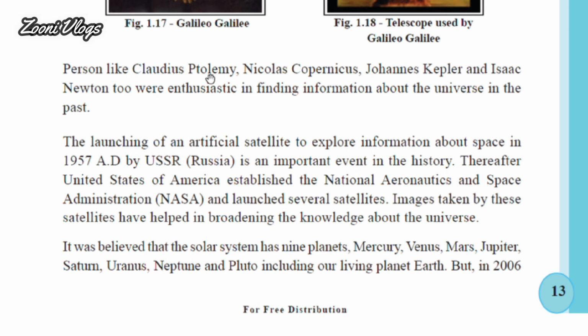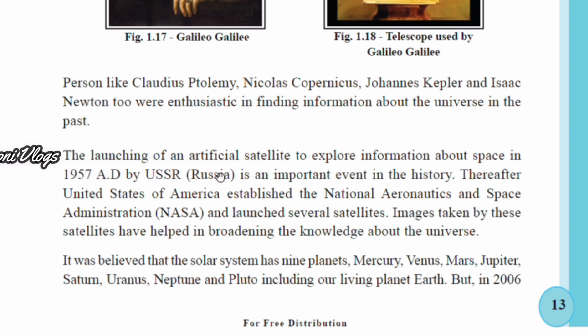Persons like Claudius Ptolemy, Nicholas Copernicus, Johannes Kepler, and Isaac Newton were also enthusiastic in finding information about the universe in the past. These are the scientists who were very interested in searching for information about the universe.